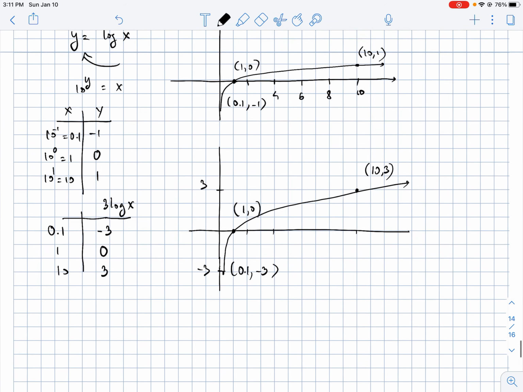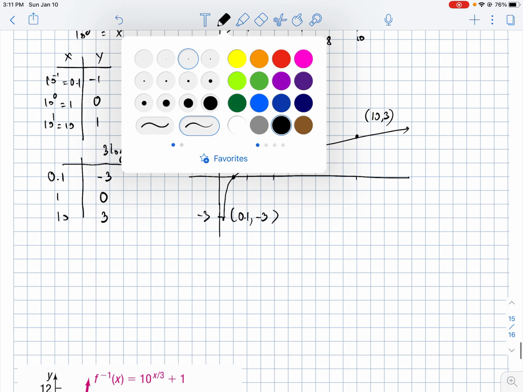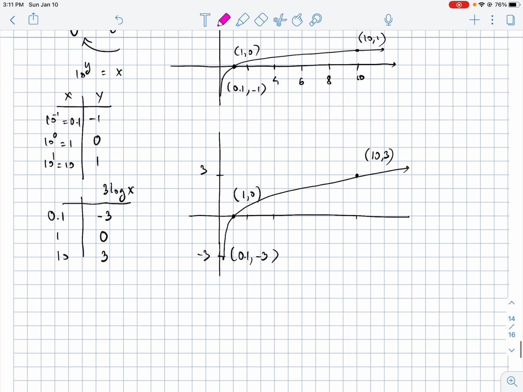And after that, we will move this graph over one step to the right. I will draw the asymptote first, and that will give us x equals 1. And then every point we will move one step to the right.